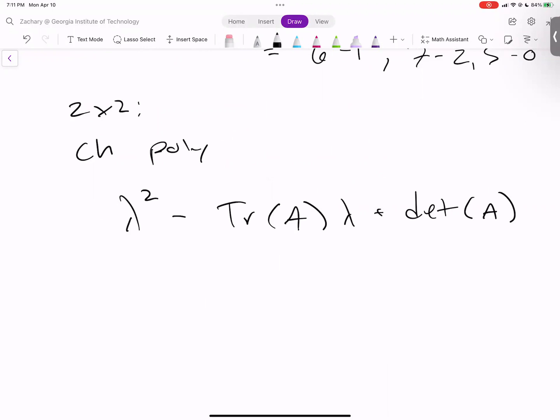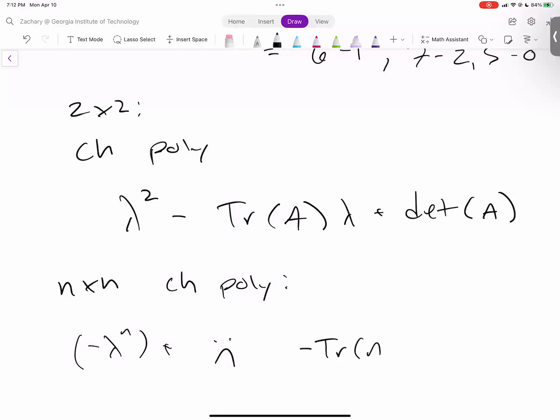For any n by n characteristic polynomial, it's minus lambda to the n plus unhappy numbers. And then it always ends with the trace of A times lambda plus the determinant of A. So if they give you a characteristic polynomial, you know your determinant.